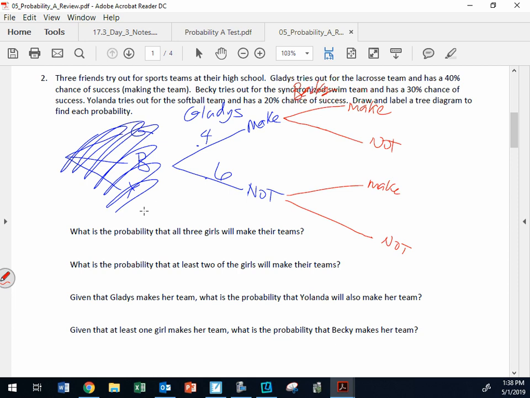And her probability of making the team is 0.3, which logically means a 70% chance you will not make the team. 0.3, 0.7. And then last but not least, we're going to do that again for Yolanda. Yolanda's either going to make or not. Make probability for her is 20%. And that means 80% chance you won't make it.